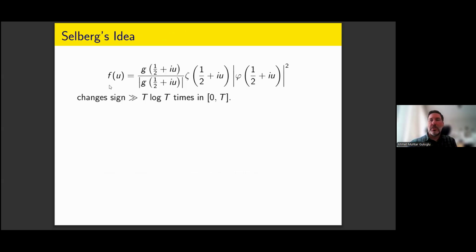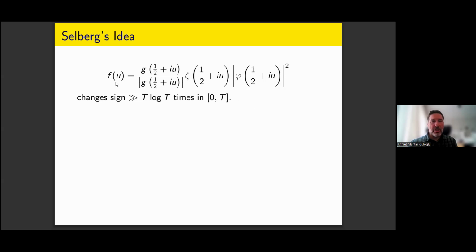So what happens is that Selberg defines a function like this. Here's our zeta function, and this part is the completion of zeta by a gamma factor divided by its own length. So this part is never zero, basically, because of the gamma function. This function is always greater than or equal to zero because of the absolute value.